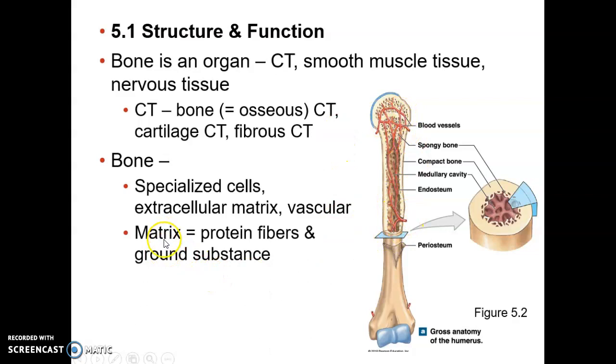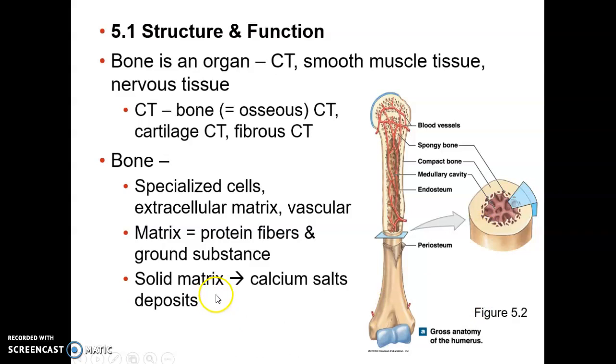So the matrix is made of protein fibers, primarily collagen, and then the ground substance, which initially is similar in consistency to cartilage. In other words, it's semi-solid or semi-liquid. And then once it's infused with the calcium salts, it becomes a hard ground substance, which we call bone.